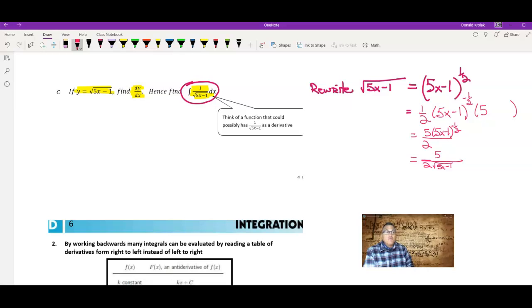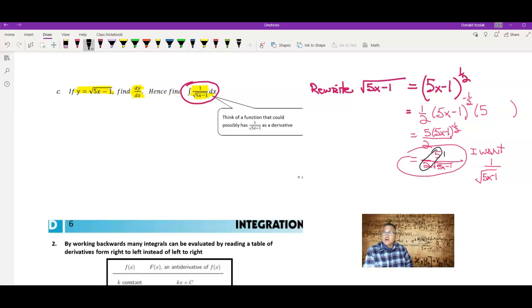All right, now the result that I'm looking for is, instead of this, I want it to look like 1 over root 5x minus 1. So what I've got to do is figure out how I could get rid of the 5/2, so then I would just have 1 over that root.